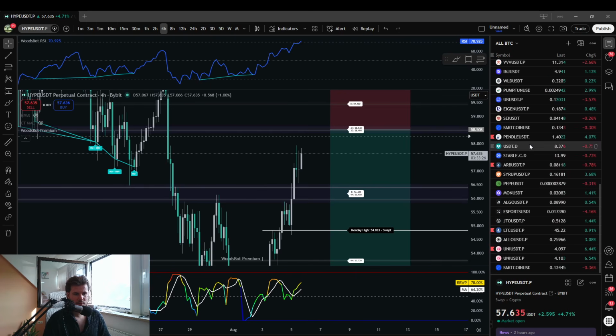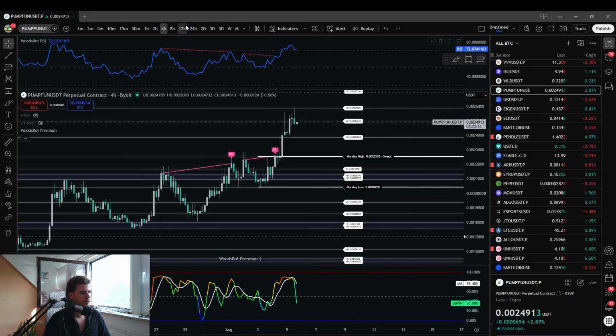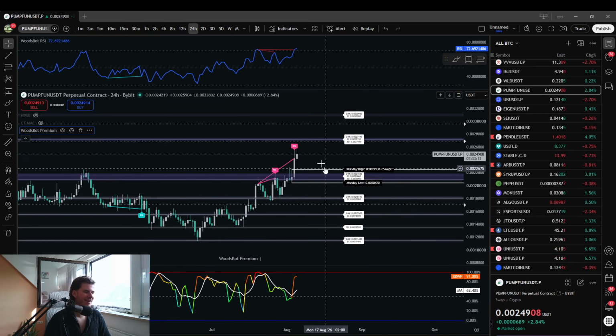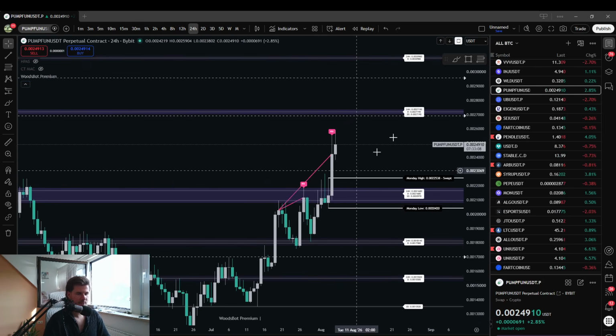Other than that, let's have a quick look at Pump Fun. Where's Pump Fun? There it is. So Pump Fun had a really nice, massive pump, no pun intended. This daily close was pretty sick.